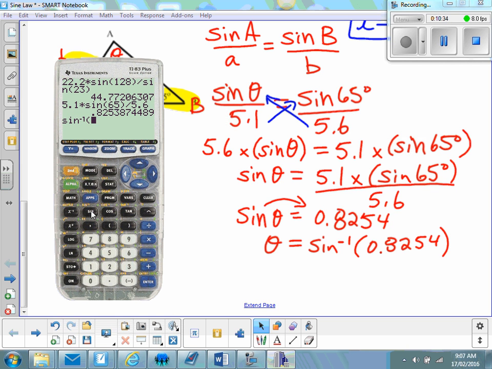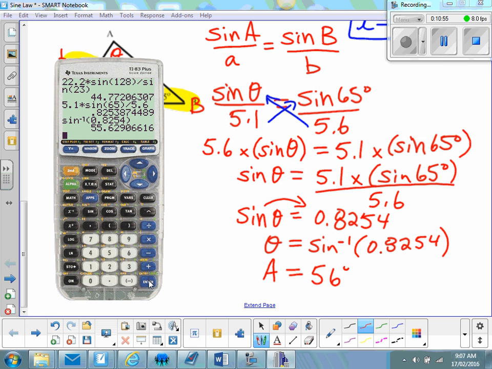I'm going to put 0.8254. And then I hit enter. And I want to round this to the nearest degree. So that means that theta, or A, is equal to 56 degrees in this question.